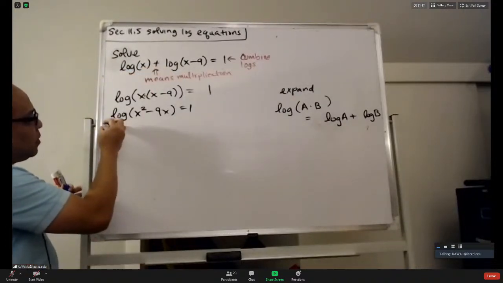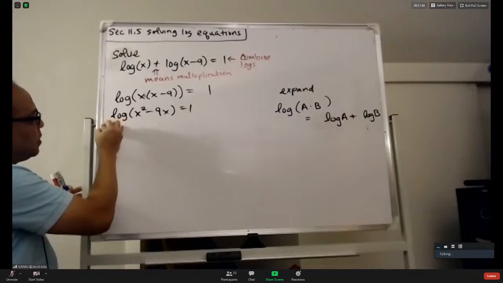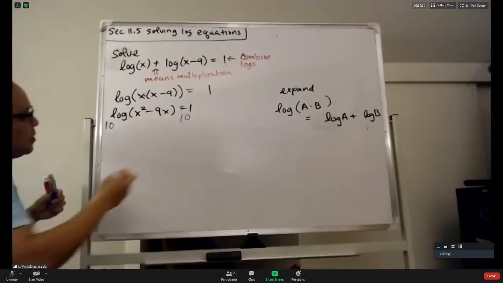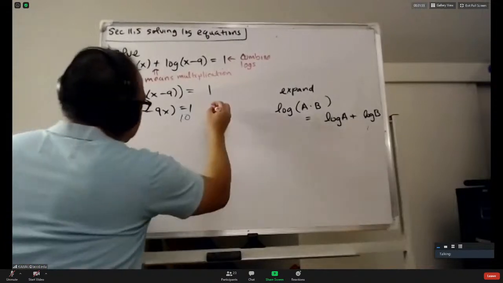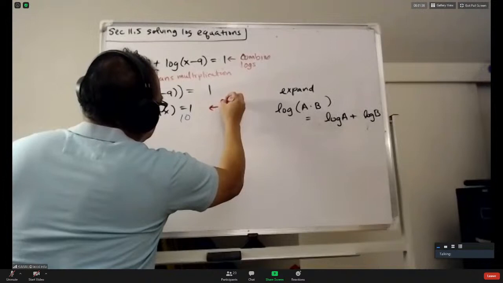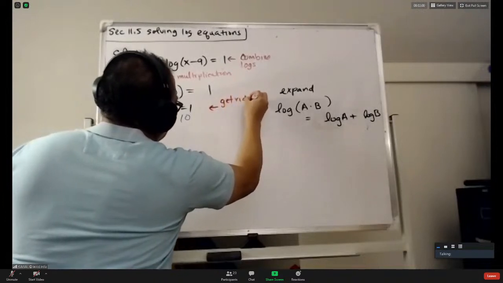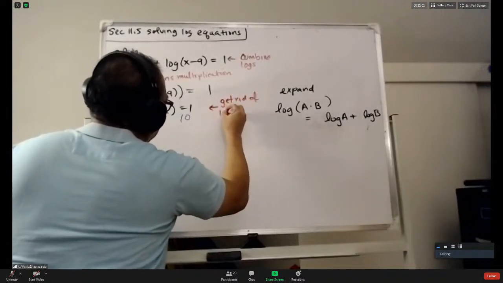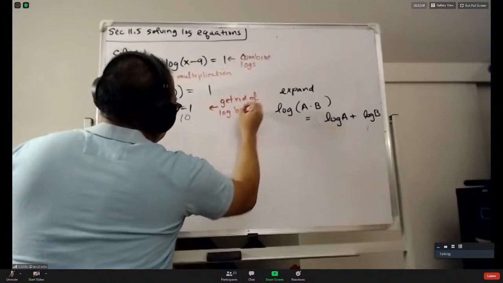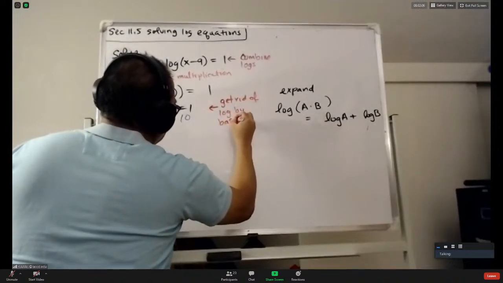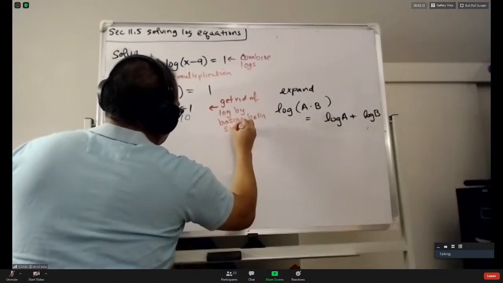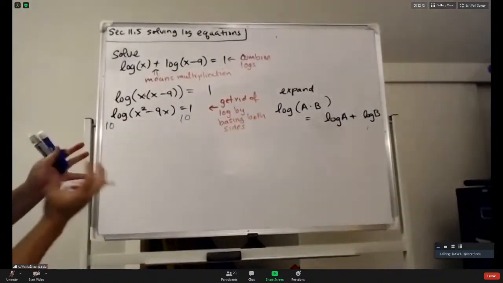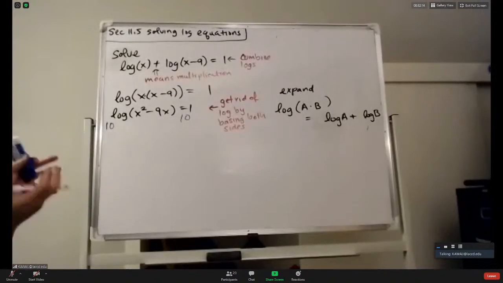So once I have a single log, I'm going to raise 10 to both sides.